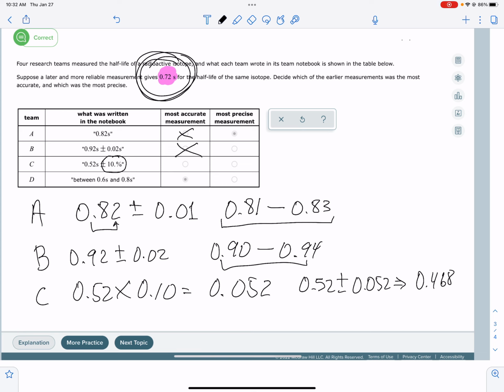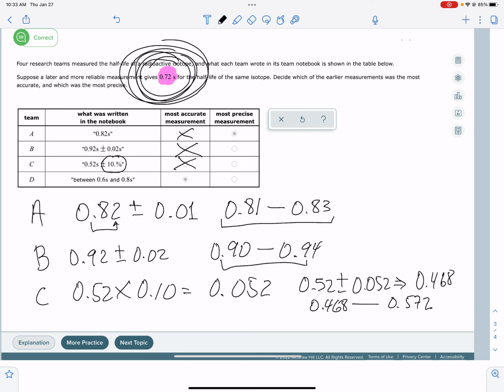So this one is going to go from 0.468 all the way to 0.52 plus 0.052, which is going to be 0.572, which doesn't include our value either. Our value is 0.72.